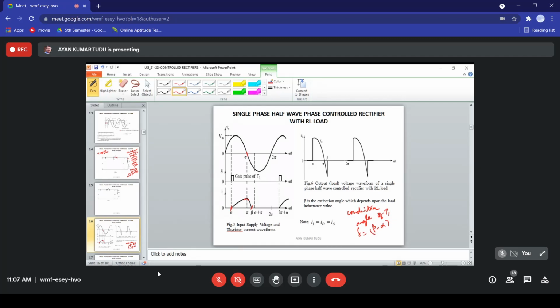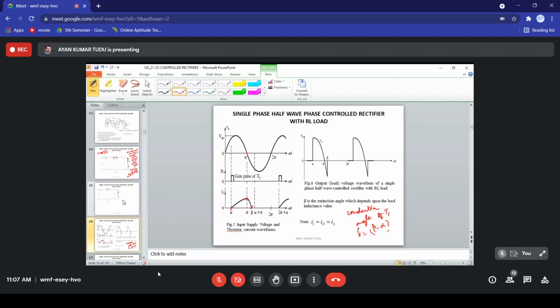This will be the conduction angle of our T1, which depends upon the delay angle alpha and the load impedance angle phi, because we have said that because of the presence of inductance, there would be a phase shift between the load voltage and the load current waveforms.